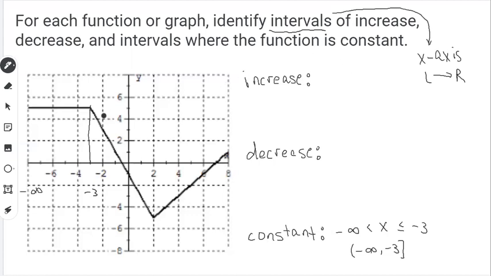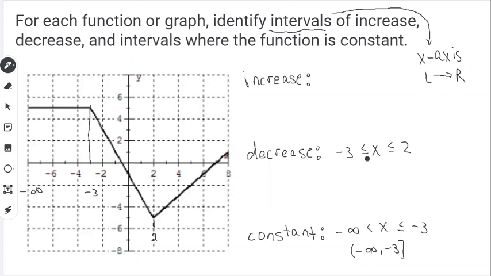And then the function starts going down. It starts going down, down, down, down, down, until you get to +2. And that's when the function is going down. So the interval of decrease would be from -3 to +2. So whenever x is between -3 and +2, the function is decreasing.